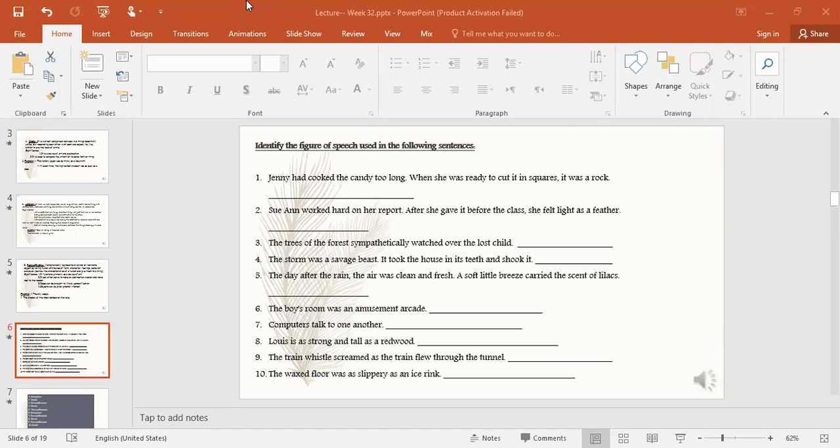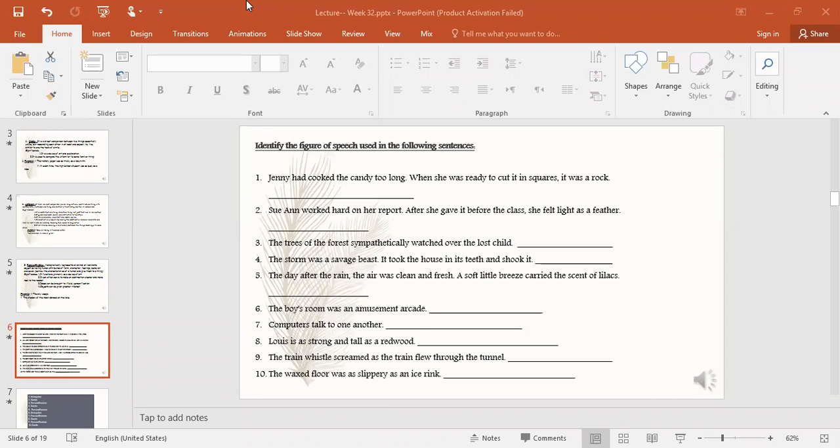It's a metaphor, because they said that the candy was like a rock. So it was hard as a rock. Excellent. So this is an indirect comparison.